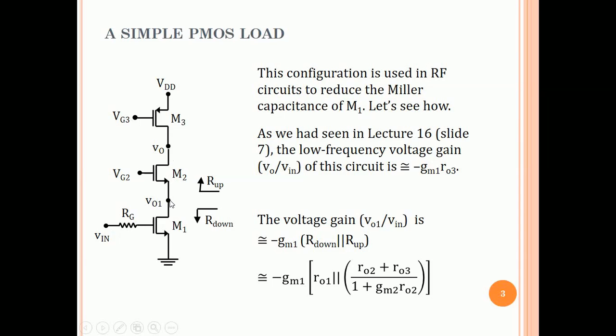And the resistance at this node is R down in parallel with R up. R down is of course RO1. R up, as we have seen before, the resistance looking up the source of a MOSFET, is RO2 plus RO3 divided by 1 plus GM2 RO2. So the gain VO1 by Vin is minus GM1 into RO1 parallel RO2 plus RO3 by 1 plus GM2 RO2.